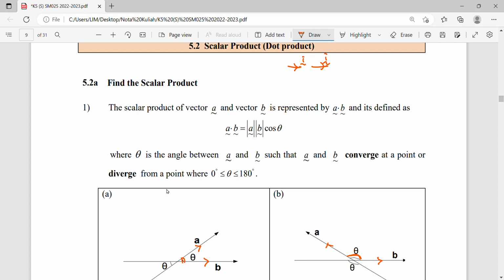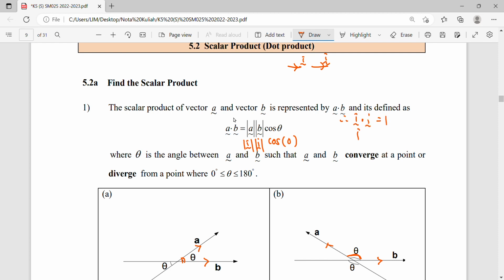They are parallel. Angle 0. When you have cos 0, what happens? It is 1. So what is the length of i? 1. Unit vector, what? i, j, k are unit vectors. Their length is only 1 unit. So therefore i dot with i, we get 1.